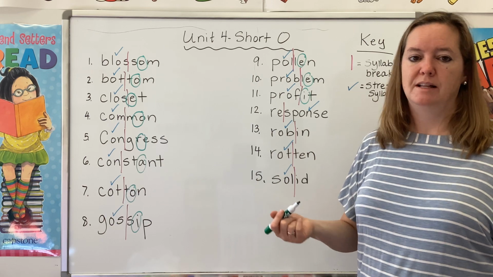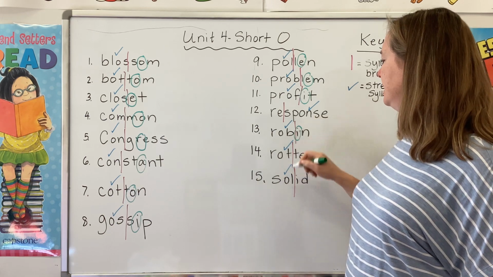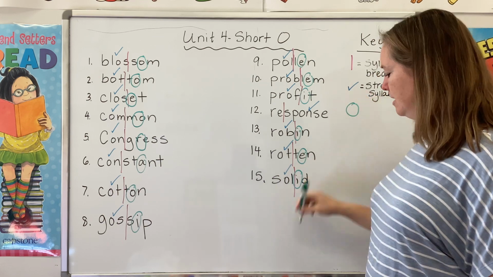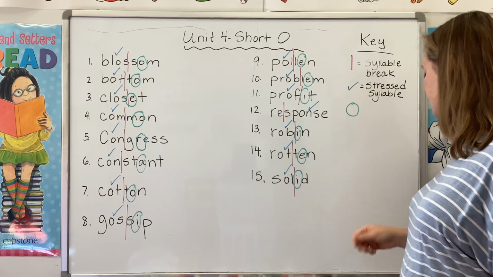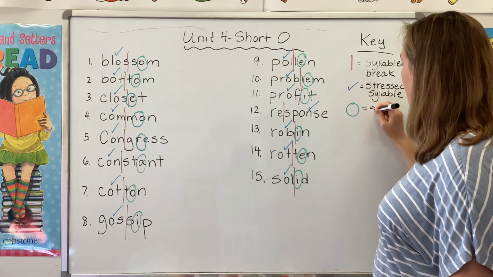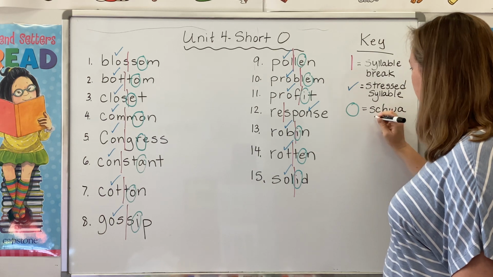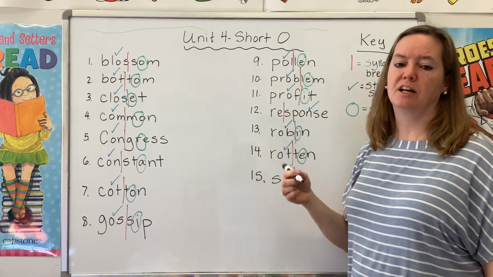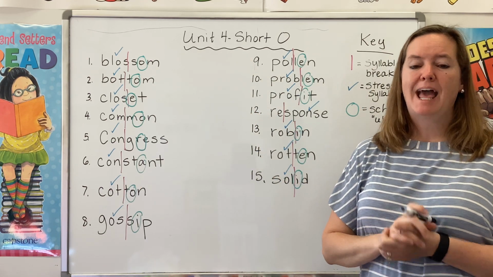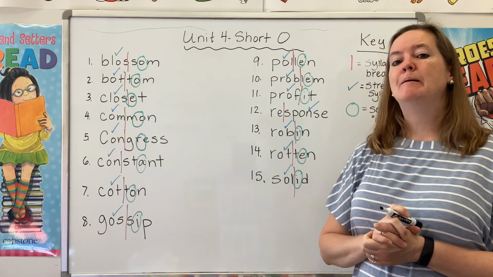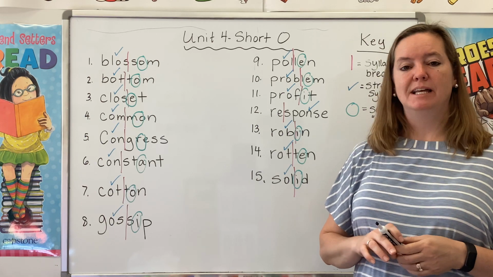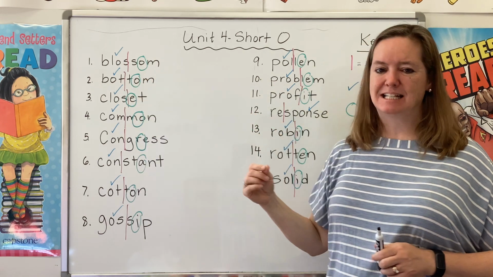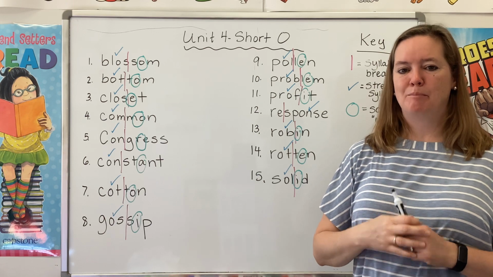So we just don't circle anything there. Rob, rot, sol. In all of these words, that green circle represents our schwa, which is an uh sound. This is where you're going to want to focus your attention this week as you're learning to spell these words. Really stretch out that vowel in your mind. Blossom, blossuhm, clauses, closuht. That will help you spell the words better.